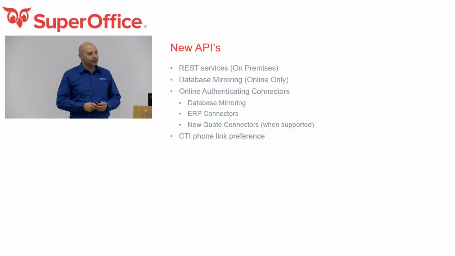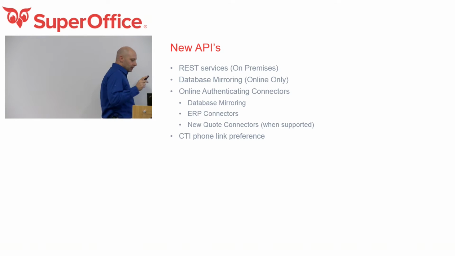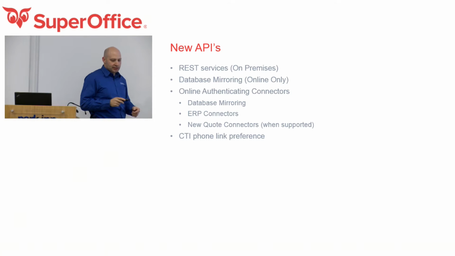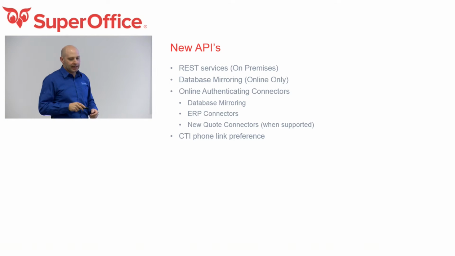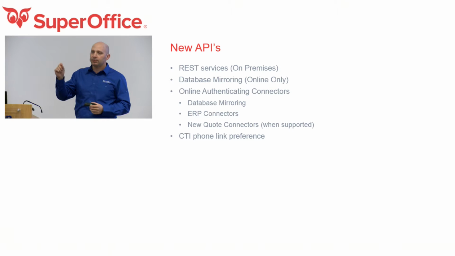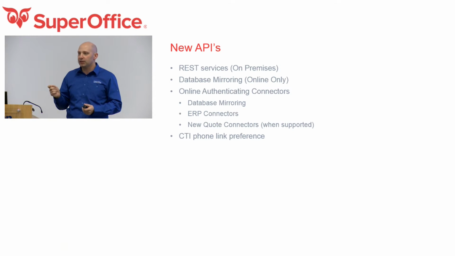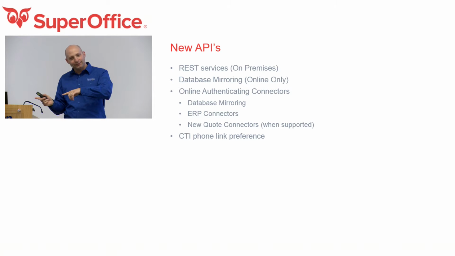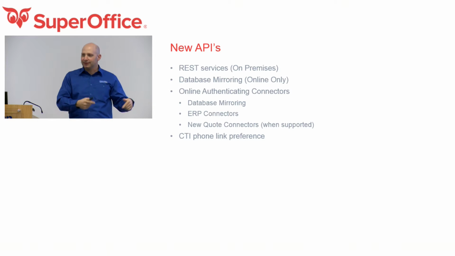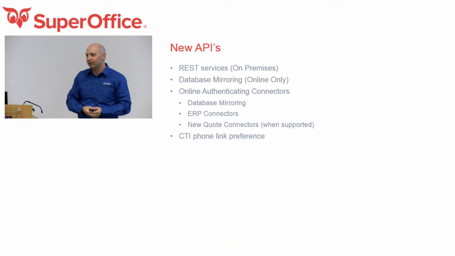REST web services on premises works today. As I understand it, in order to get access to on-premise CRM 8, or all our products at version 8, you have to become a beta program member, which you can do on your profile page in the community. You go to your profile page, find the beta tab, enable it, and for the version 8 beta program, there's a hiccup where you have to log off and then log back in to be granted access to the page where those downloads exist.